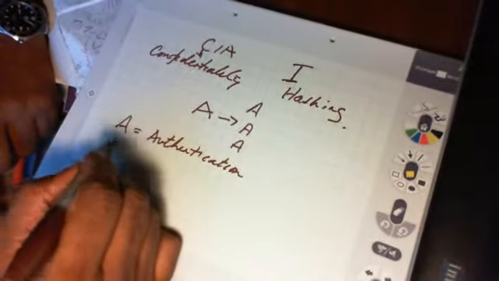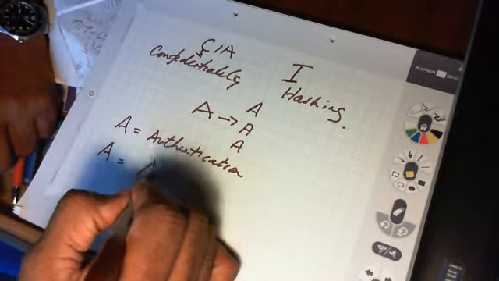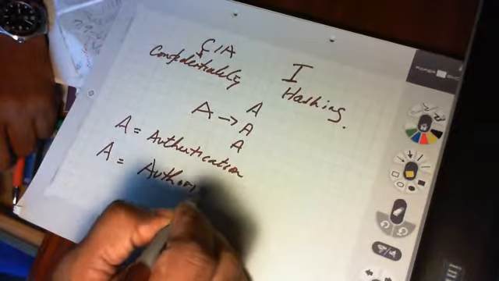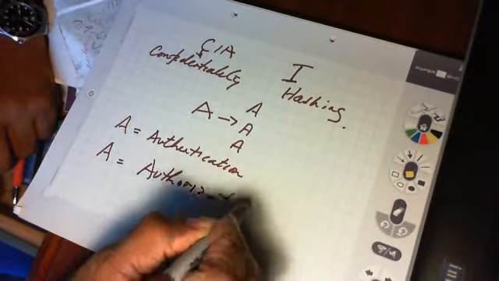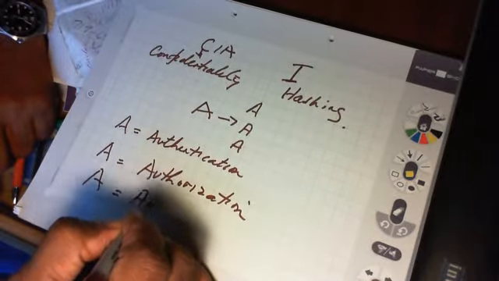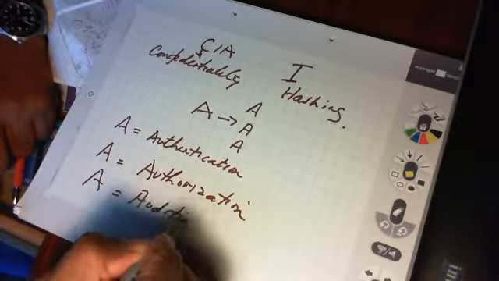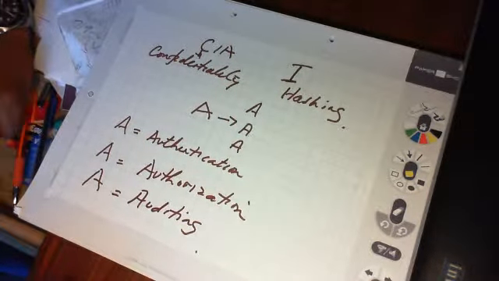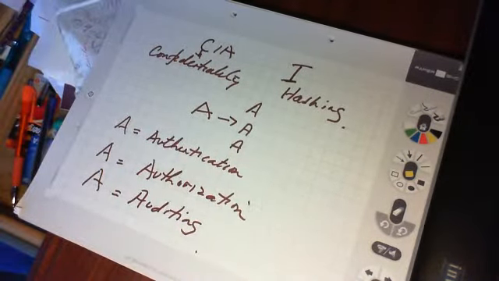The second A is for authorization. And the third A is for auditing. I don't know if you remember that, but we briefly mentioned those last time.